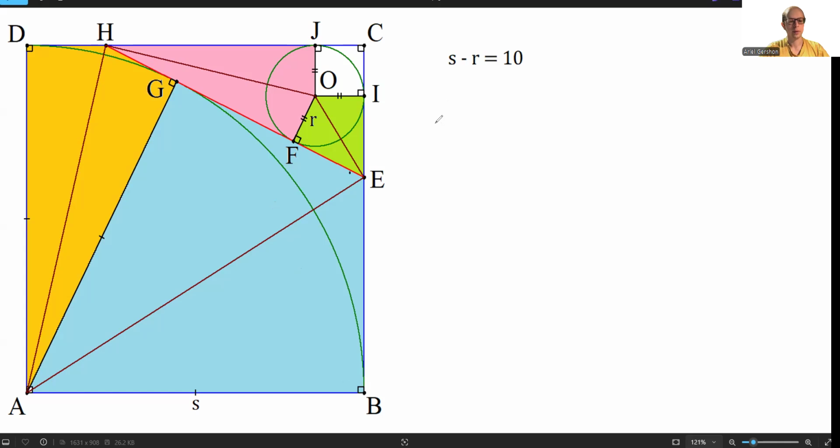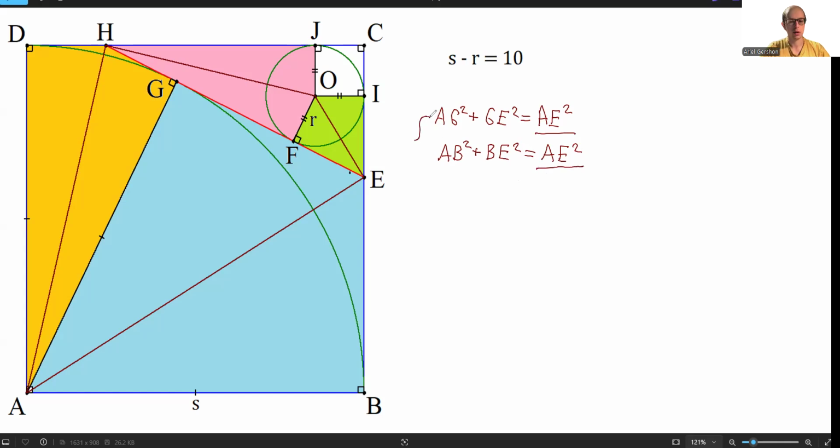So we have AG squared plus GE squared, so I'm looking at the triangle AGE, is equal to AE squared. And in the second triangle, we have AB squared plus BE squared equals AE squared. So in both of those triangles, we have AE as the hypotenuse.